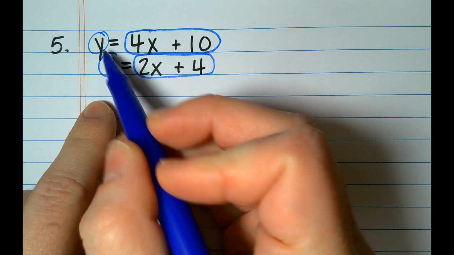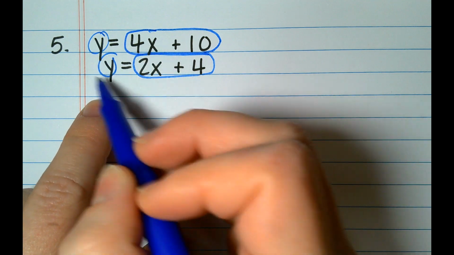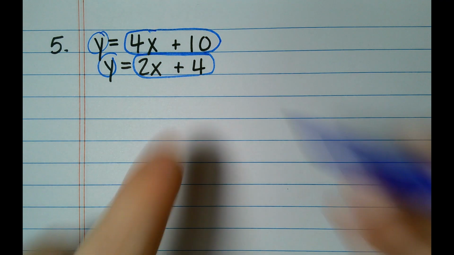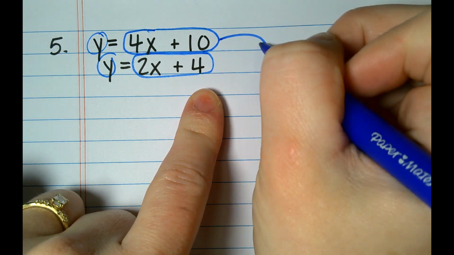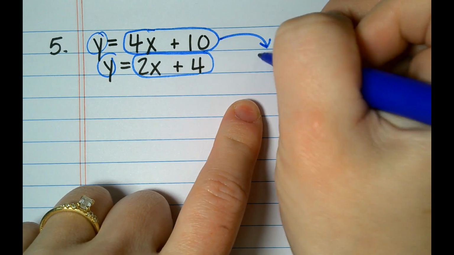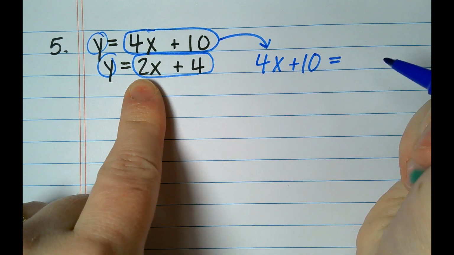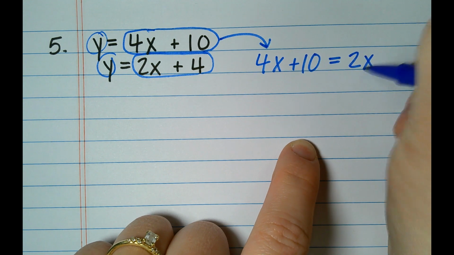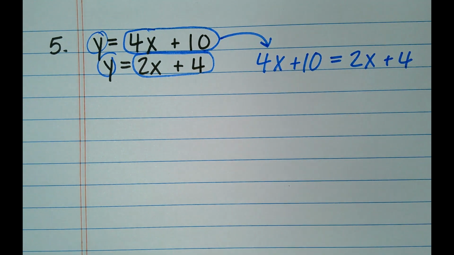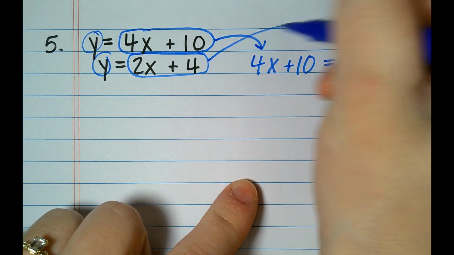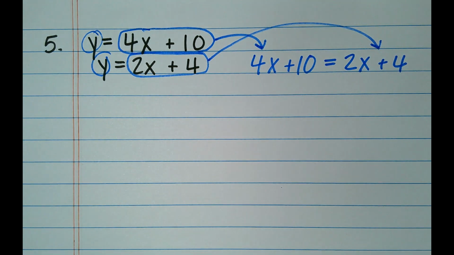If I can say that they are both equal to the same thing, then they are both equal to each other. So what we can do is set these equal. 4x plus 10 equals 2x plus 4. That's the first step. We just take the second half of each equation, set them equal to each other.